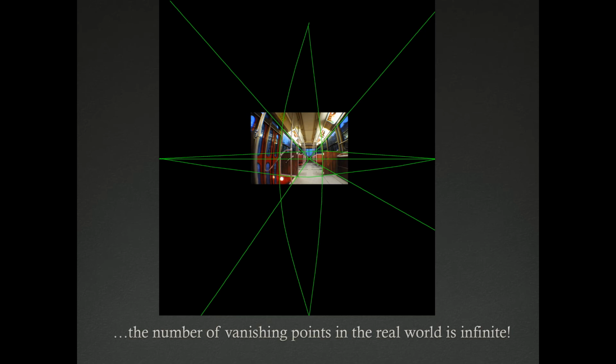We understand them to be straight objects, but because they pass through a curved lens of our eye, they all become curves. And objects in the real world are all kind of placed at different angles to each other, so the number of vanishing points in the real world is infinite.